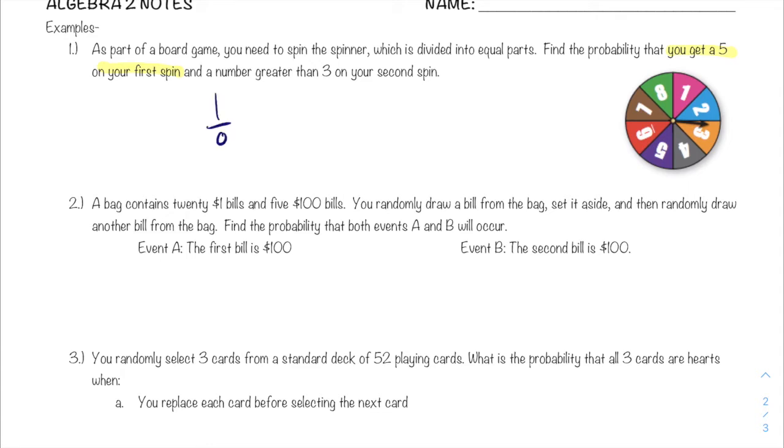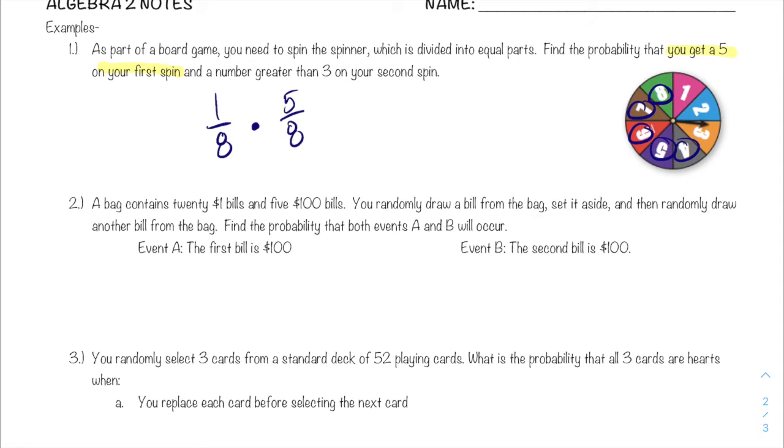And we're going to multiply that times the probability of the second event happening. Now, a number that is greater than 3, well, greater than 3, 1, 2, 3, 4, 5. There are 5 numbers that are greater than 3 out of the 8 total numbers. So the probability of getting a number greater than 3 would be 5 out of 8.